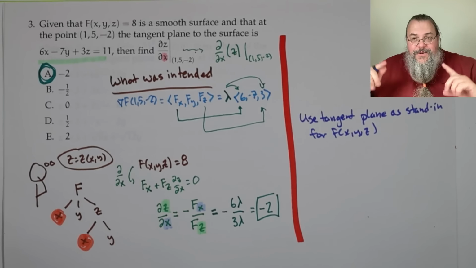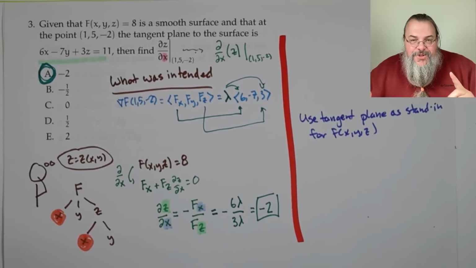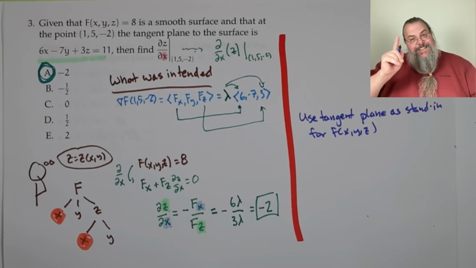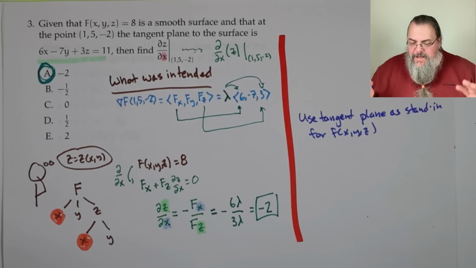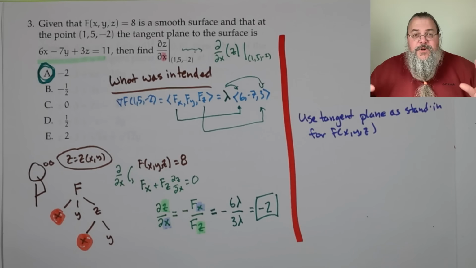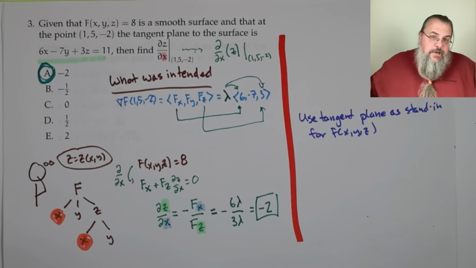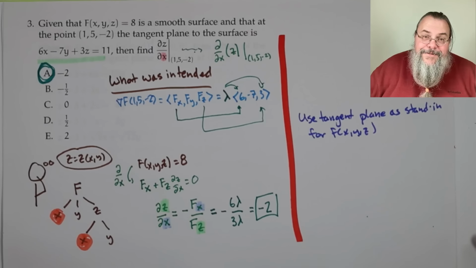Now, word of caution, it's a great strategy for multiple choice. For long answer, people would be like, you've got to think about that. We'll give you some partial credit, but not all. But for multiple choice, just say, hey, if I don't know the function, but they give me the tangent plane, use the tangent plane for your function, and you'll get the right answer.